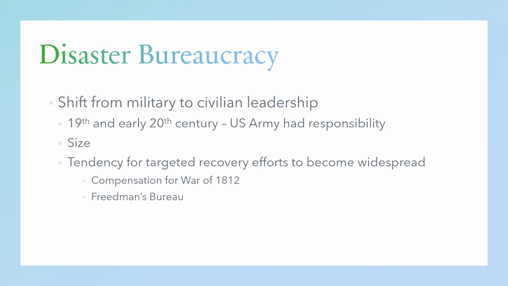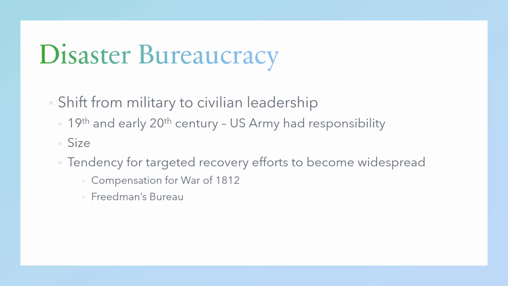And that's what this talks about, the growth of the bureaucracy. And it shifted from military to civilian leadership. In the early 19th century, early 20th century, the U.S. government had that, and specifically the U.S. Army. As you go back and read through the text, it gives several examples, and one of the reasons was it had the size, it had the efficiency, it had the bureaucracy, it had the supply chains.